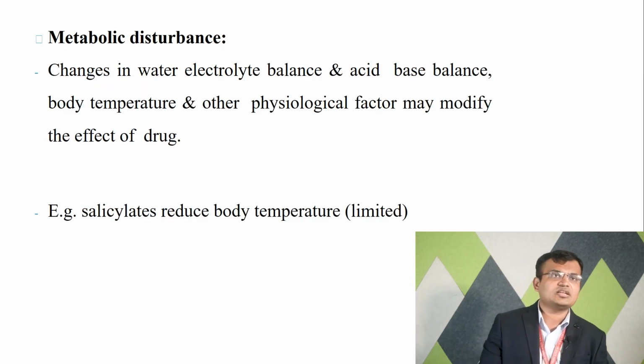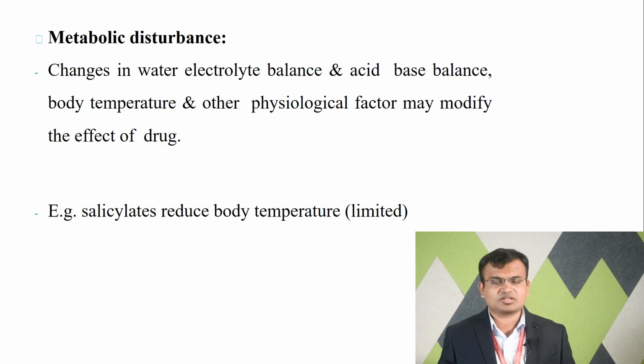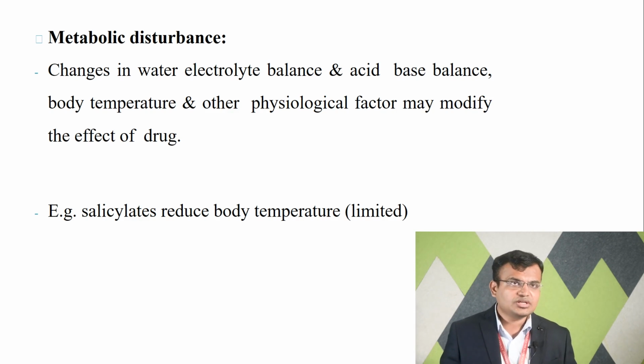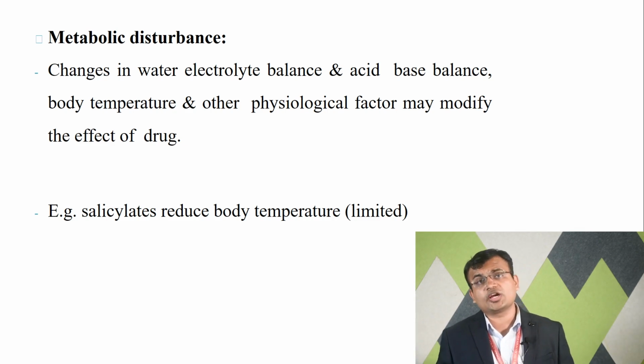Next important factor is metabolic disturbance. What do we mean by metabolic disturbance? For instance, suppose a patient or subject has some biological issues, including dysentery, diarrhea or some other pathophysiological condition. In this condition there is a change in water balance, electrolyte balance and acid balance.